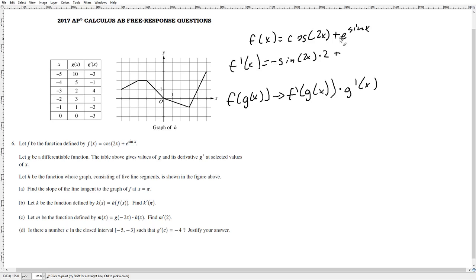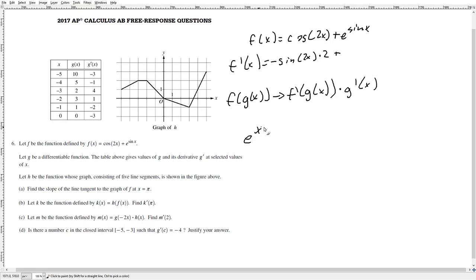Now we have e to the sine of x. I'll use e to the x as an example of how to find the derivative of these types of parts.